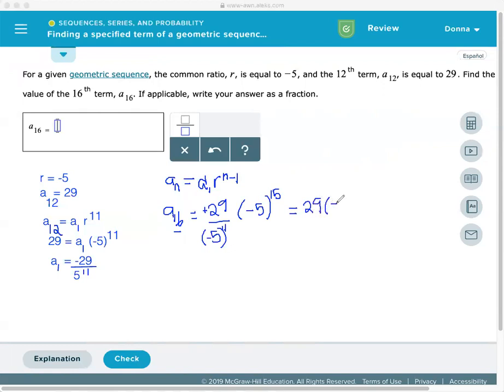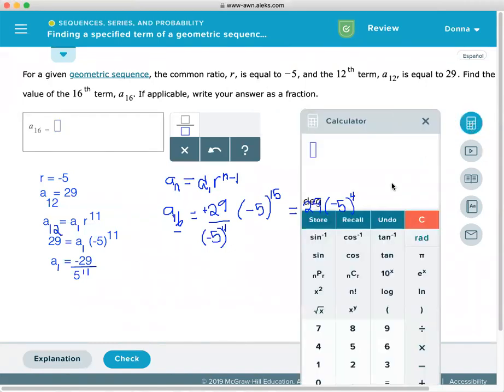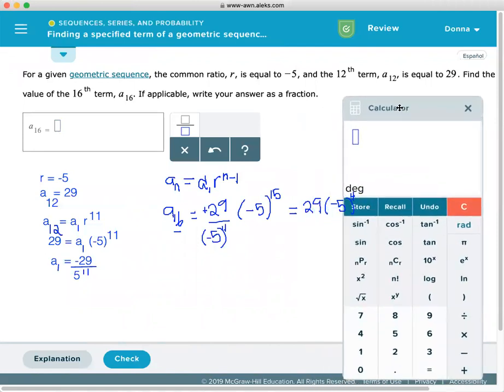It turns out -5, since it's raised to an even power, is going to be the same as 5 to the 4th. So it's just going to be 29 times 5 to the 4th. And so we get 18,125.